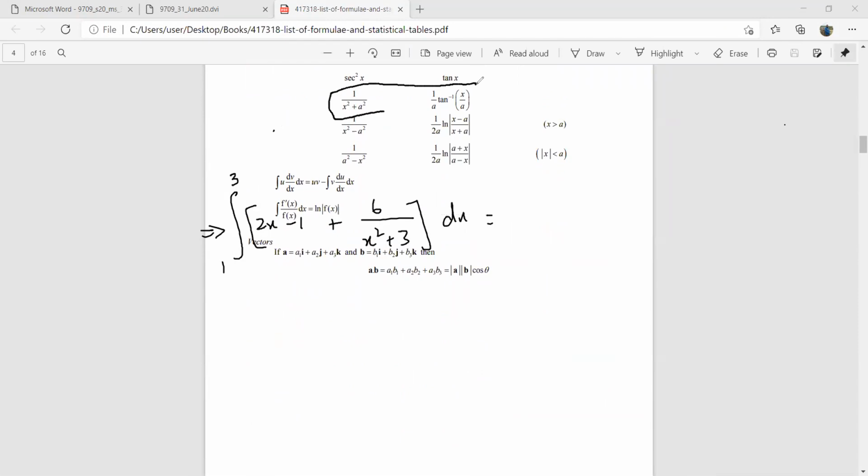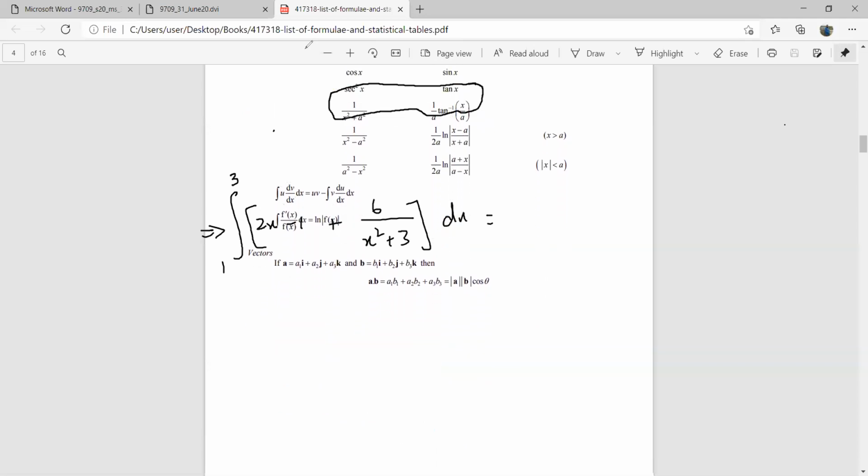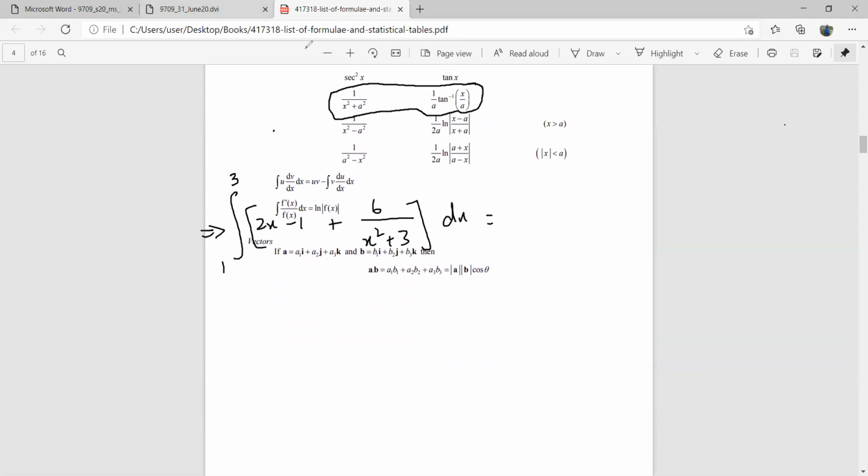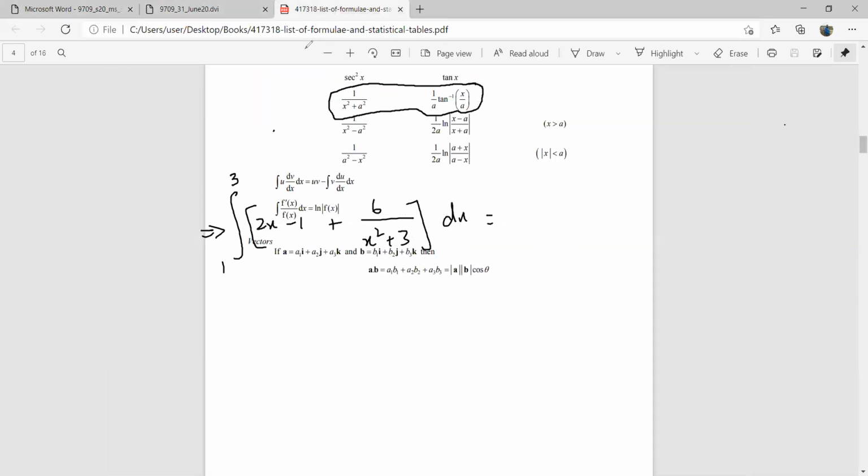If you have 1 over x squared plus a squared, it tells you about the integration. It tells you that the integral of 1 over x squared plus a squared is 1 over a tan inverse of x over a. So please don't waste your time thinking about how to integrate this.